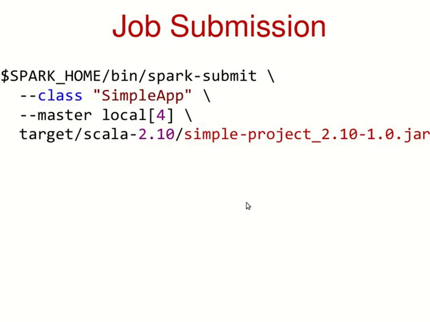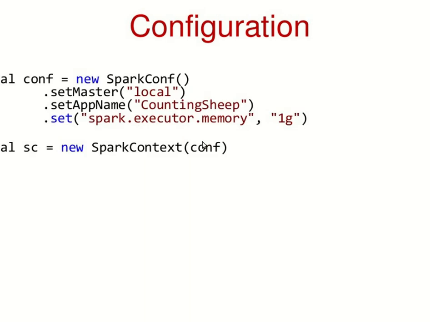The way to submit a job is that in the directory where you downloaded Spark, you go to bin and spark-submit. You tell it your main class name, how many threads you want to use, and your fat jar that you want to submit to the cluster. It will take this jar, pipe it to the cluster, run it, and get back with the results.